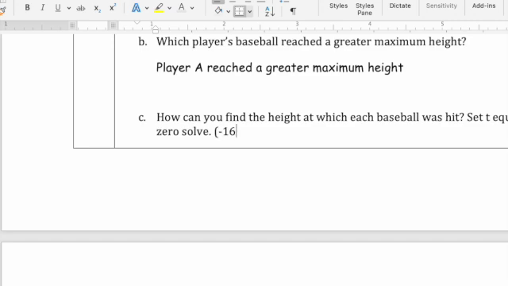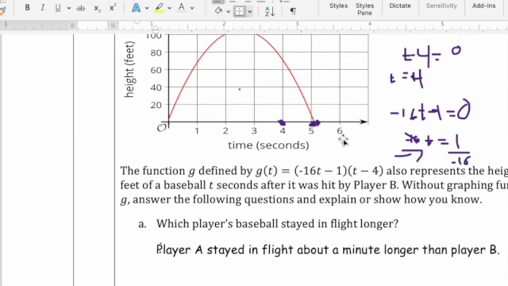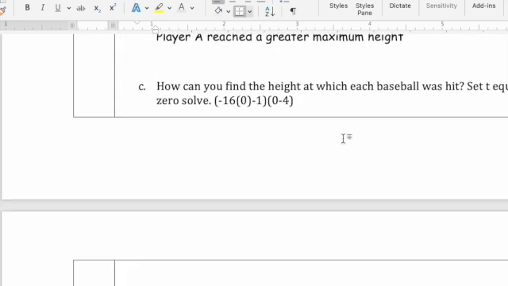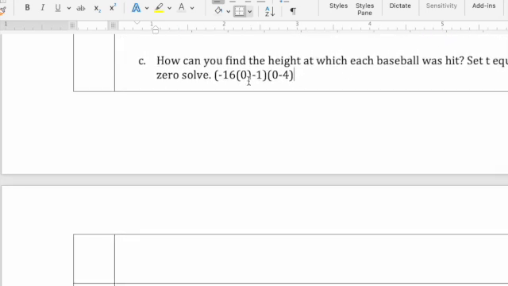I'm going to make negative 16 times 0, and that was minus 1, and then I have 0 minus 4. So I end up with negative 16 times 0 is 0, minus 1 is negative 1.